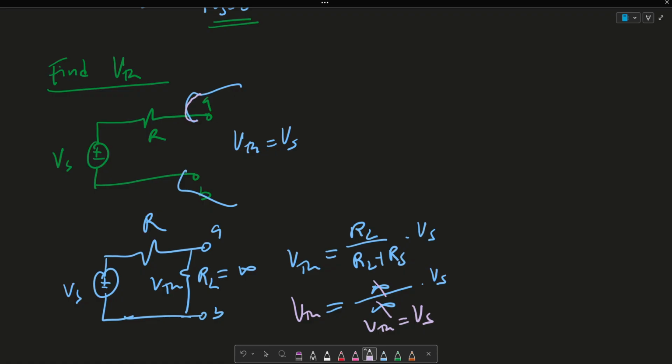Again, the drop across A and B, if you put a voltmeter across that, is VS.